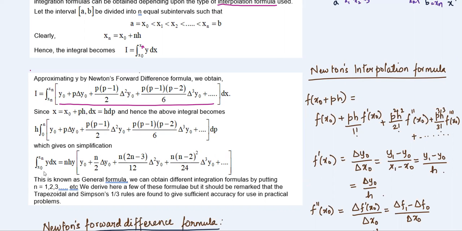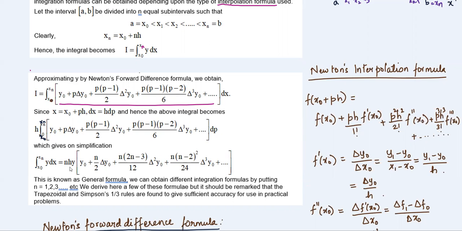Which upon simplification, we have to integrate from x naught to xn. Upon integration, each term we have to integrate separately with respect to p, and then substitute the difference.